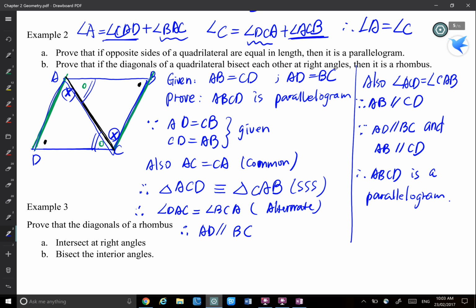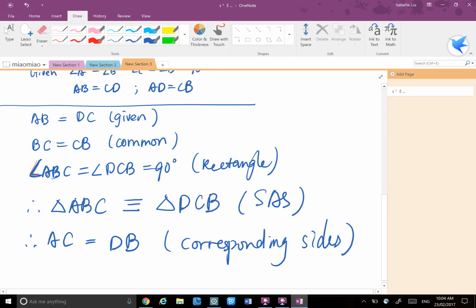The question says, prove that if the diagonals of a quadrilateral bisect each other at right angles, then it is a rhombus. So you need to know what is given. Let's continue with this page.